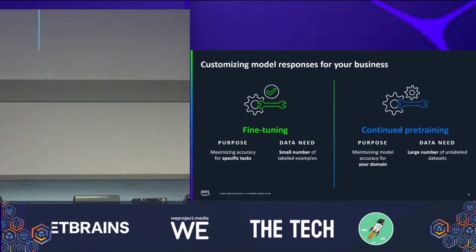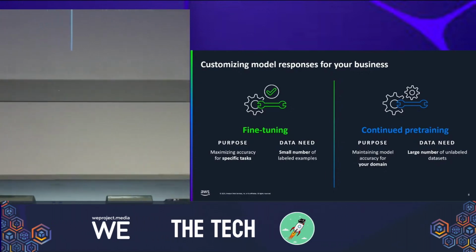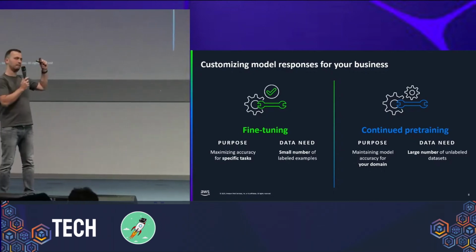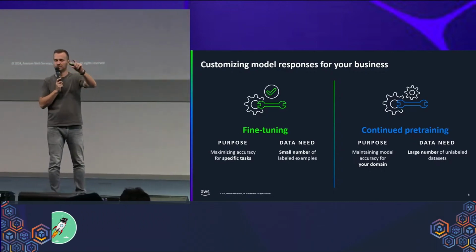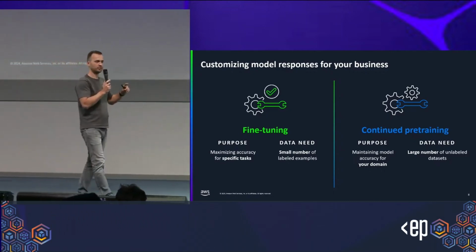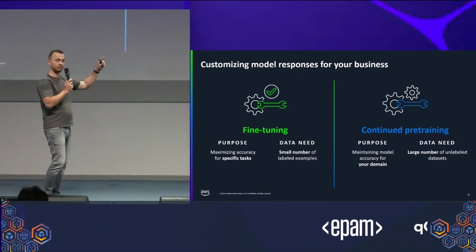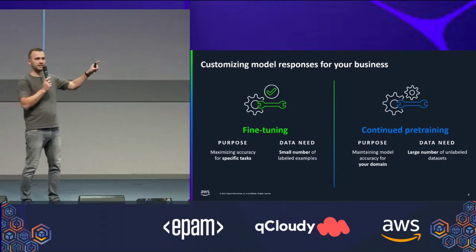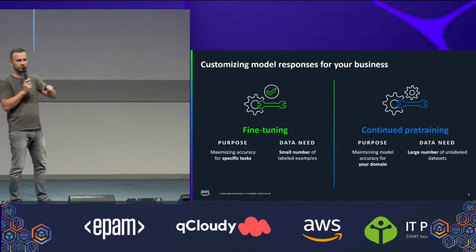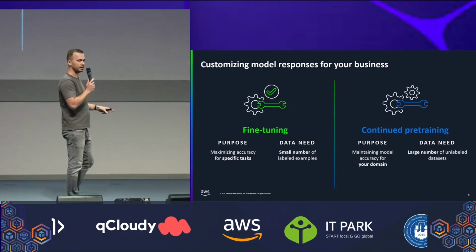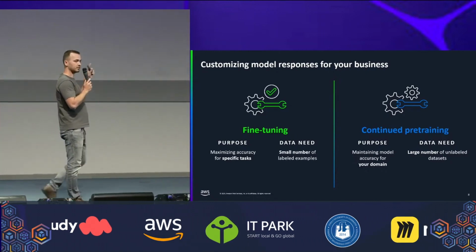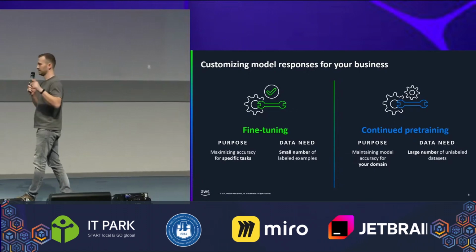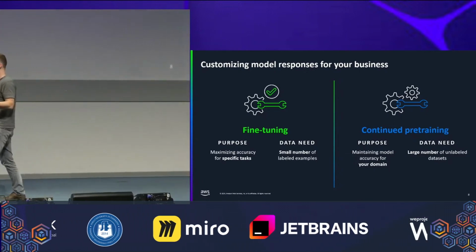In order to let the model map certain service claims to a certain product, you just push into the model your data set where you explicitly mark that that's the name of this product, that's the name of that product, and so on and so forth. By this, you kind of train your model for a very specific task you would like this model to do. In our case, that was classification.